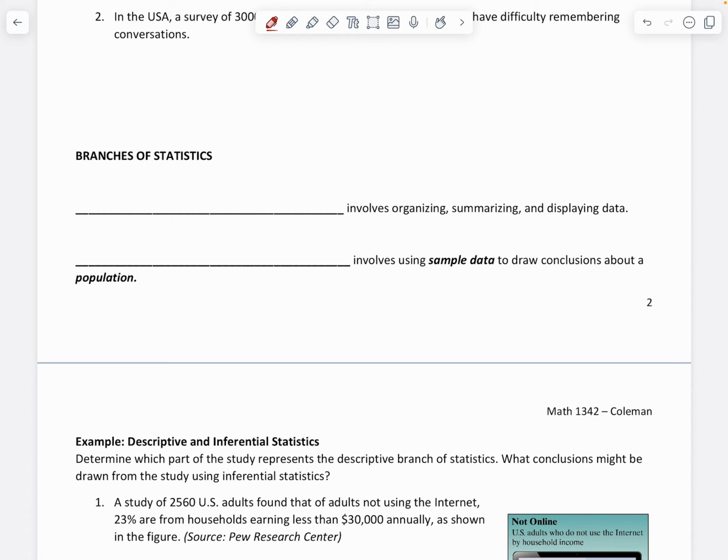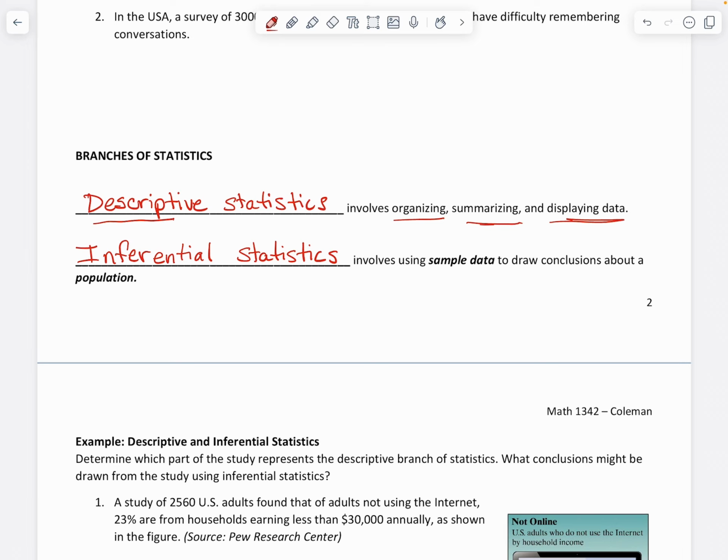There are 2 branches of statistics. The first one is called descriptive. And the second one is called inferential. Descriptive involves organizing, summarizing, and displaying the data.